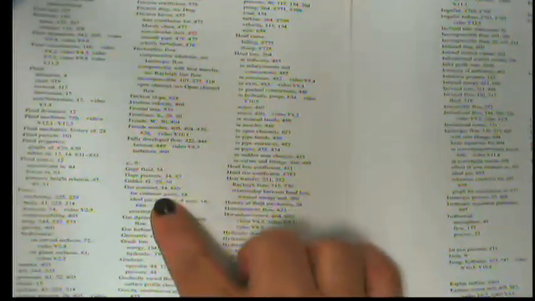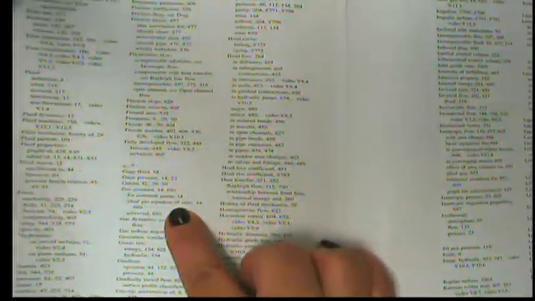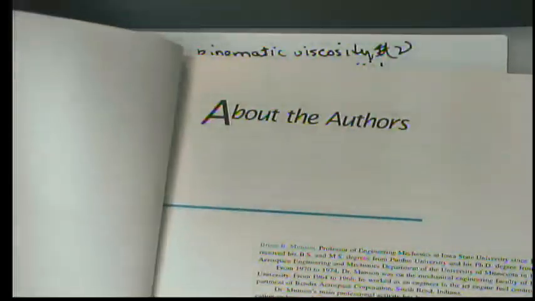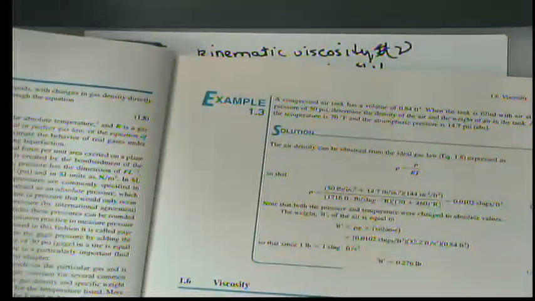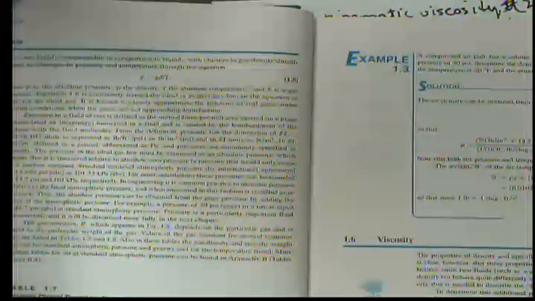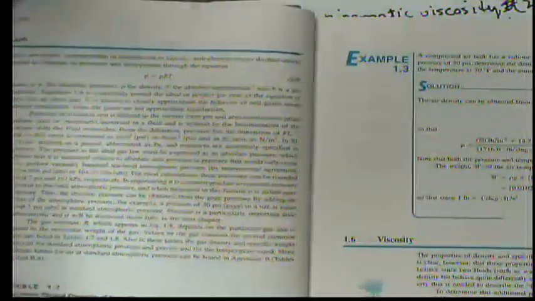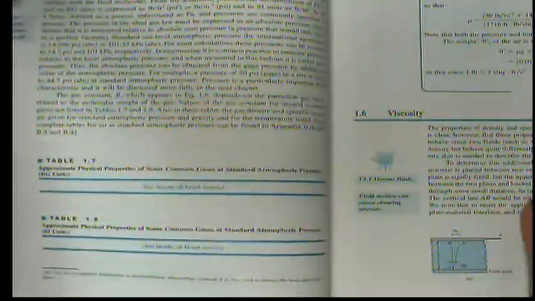Gas constants for common gases, page 14. Okay, the gas constant R just refers to it here, but it tells us the values are listed in tables 1.7 and 1.8, which in this textbook are the inside front cover.